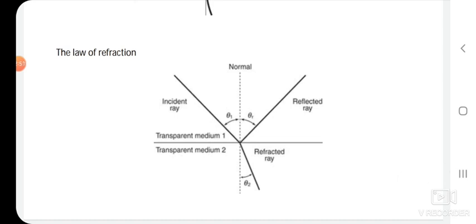Now, the law of refraction. Refraction is the bending of light when the beam passes from one transparent medium into another. A transparent object allows the transmission of light, in contrast to an opaque object, which does not.